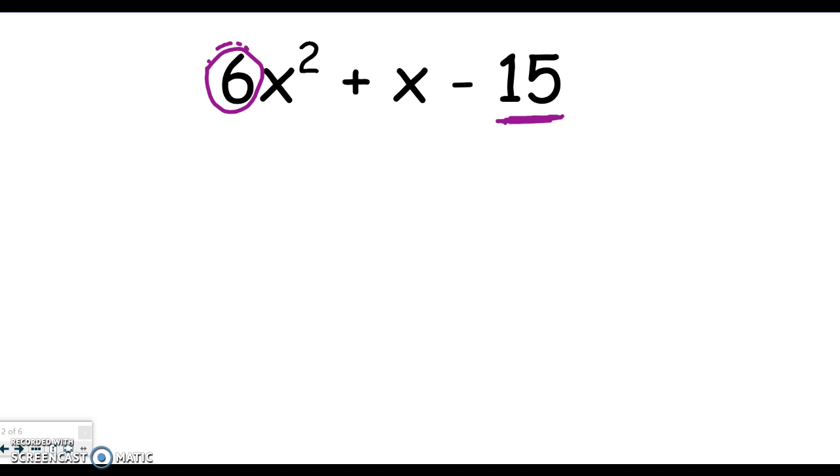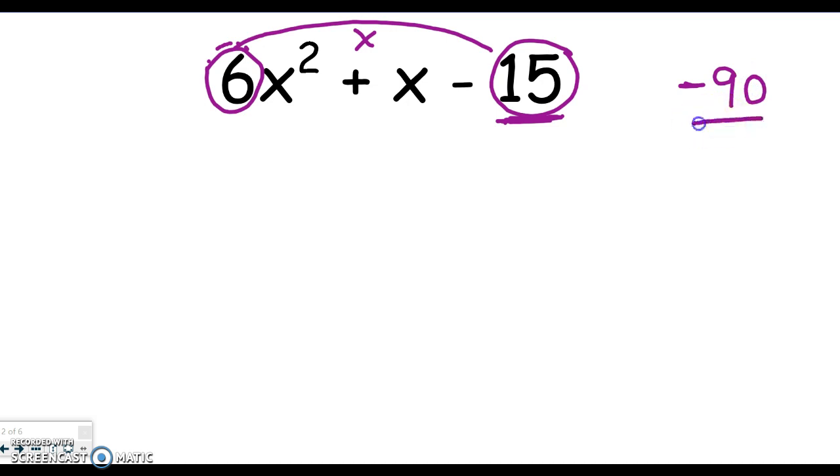And the first thing is this. The first step is to account for that 6. We're actually going to take the 6 and the 15, and we're going to multiply them together. Okay? So 6 times negative 15, we'll put it off to the side over here, is negative 90. Now we're going to take negative 90 and use that for our middle term.